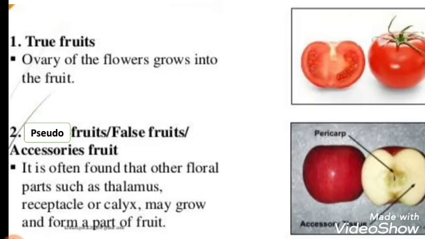True fruits arise as a result of fertilization, meaning when the ovary ripens and becomes fruit, like mango and tomato. False fruits arise from floral parts other than the ovary, like the thalamus or receptacle, as in the case of apple and pear. That is why they are called false fruits.